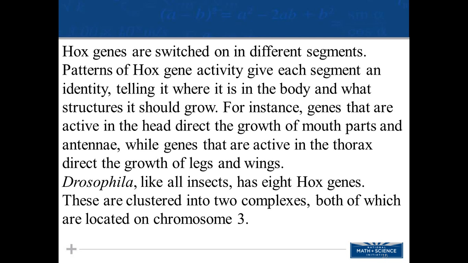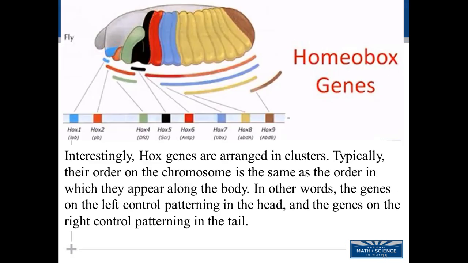Drosophila have been identified with 8 Hox genes, and it turns out that all insects have 8 Hox genes, and they are clustered into 2 complexes, both of which are located on chromosome number 3 in Drosophila. Now, it does turn out that these Hox genes are arranged in clusters, and their order on the chromosome is the same order in which they appear along the body.